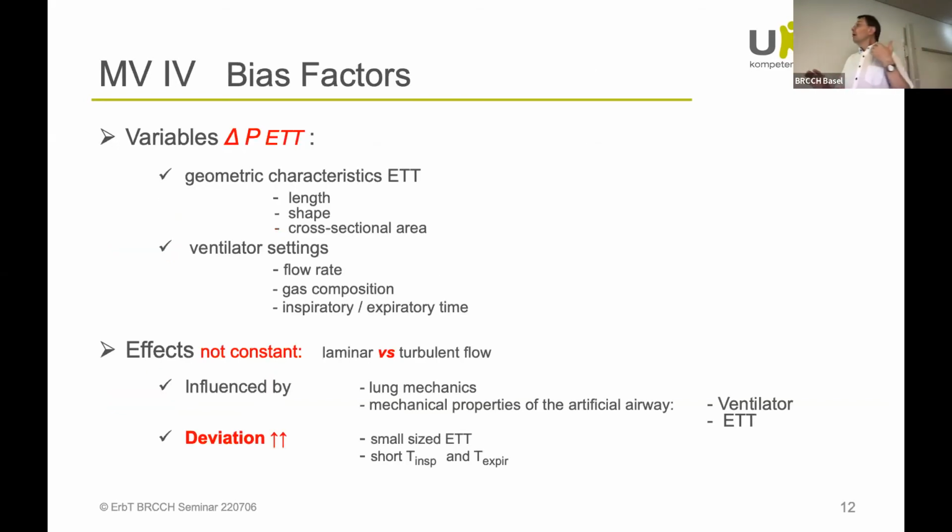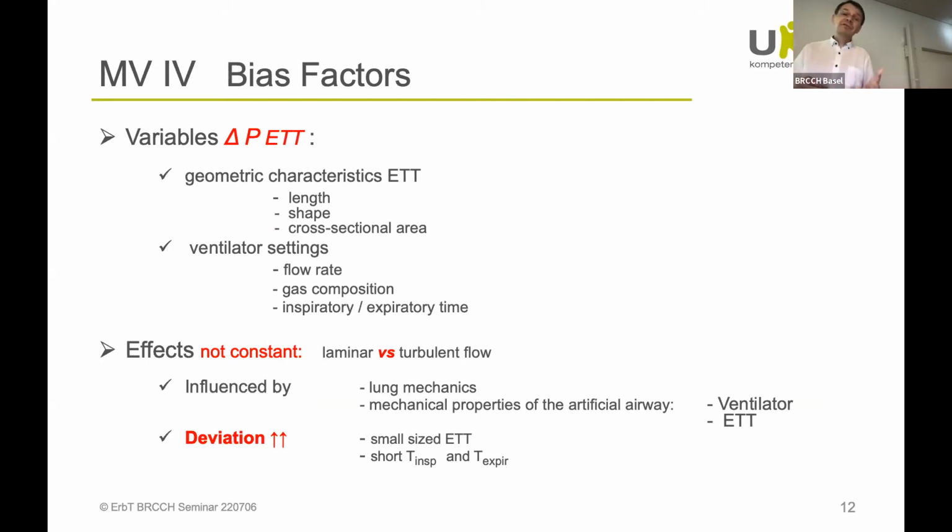So the pressure change is very variable, depends on the geometric characteristics of the endotracheal tube, and also depends on ventilator settings, as I will show later on. And very important, these effects are not constant.